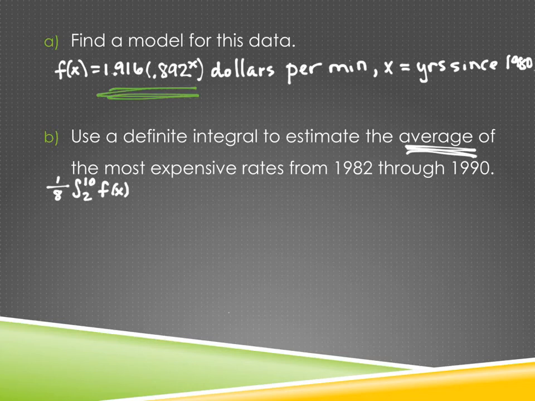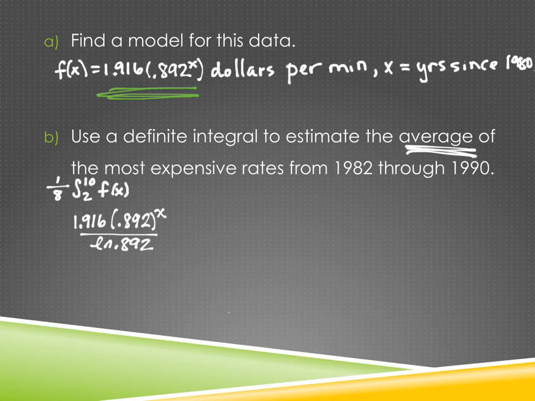So what is the antiderivative of 1.916 times 0.892 to the x? 1.916 times 0.892 to the x divided by ln of 0.892. Good.